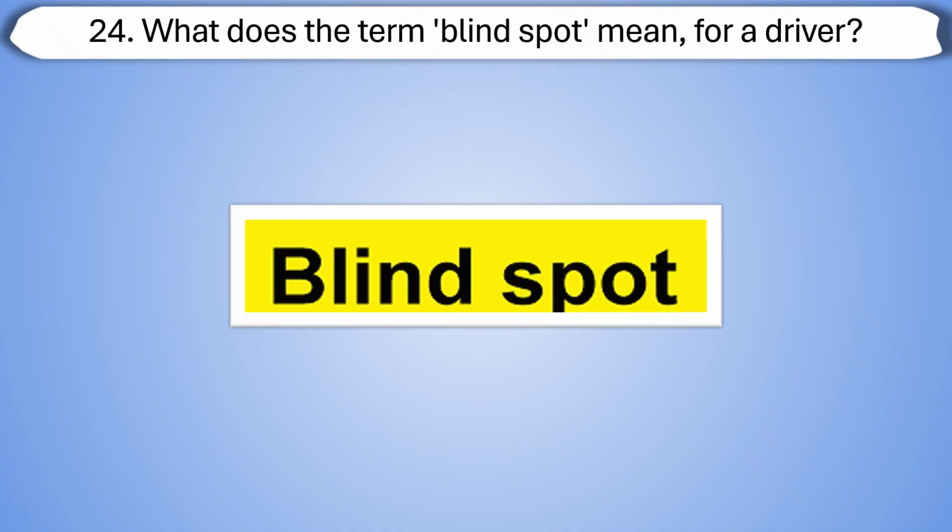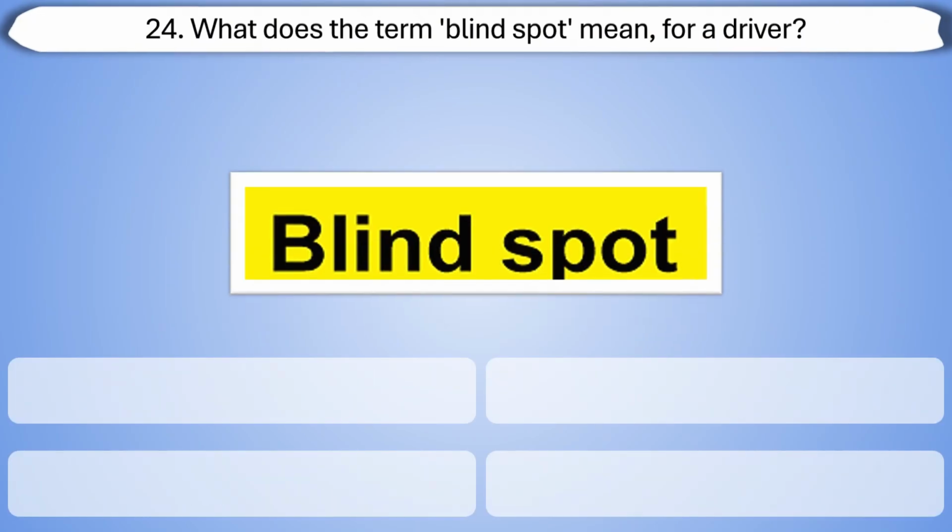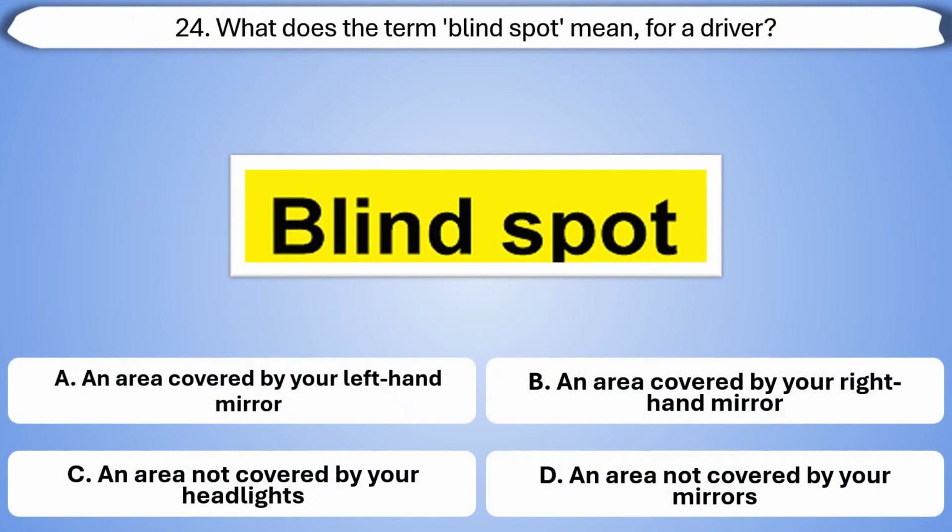24. What does the term blind spot mean for a driver? A. An area covered by your left-hand mirror. B. An area covered by your right-hand mirror. C. An area not covered by your headlights. Or D. An area not covered by your mirrors.